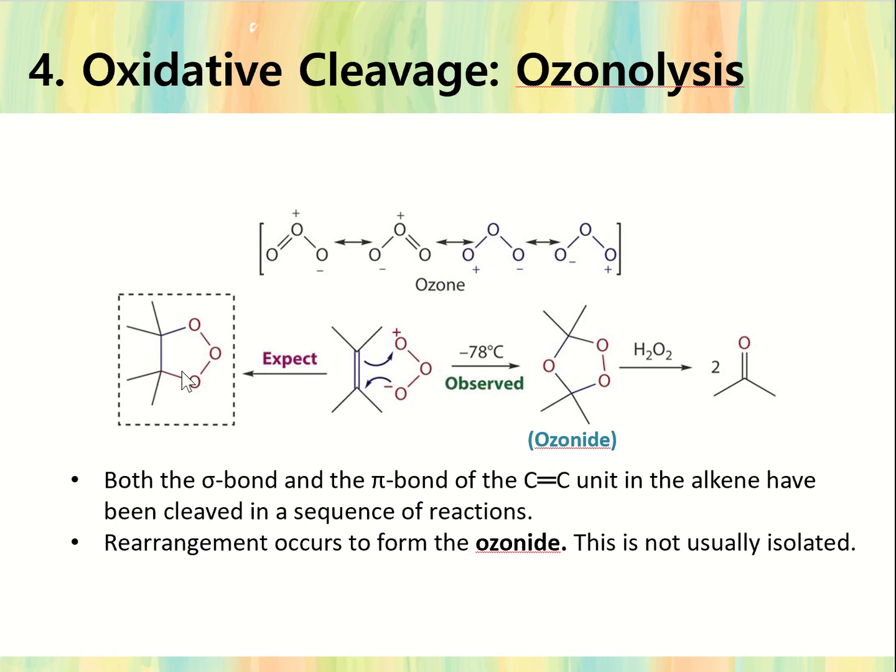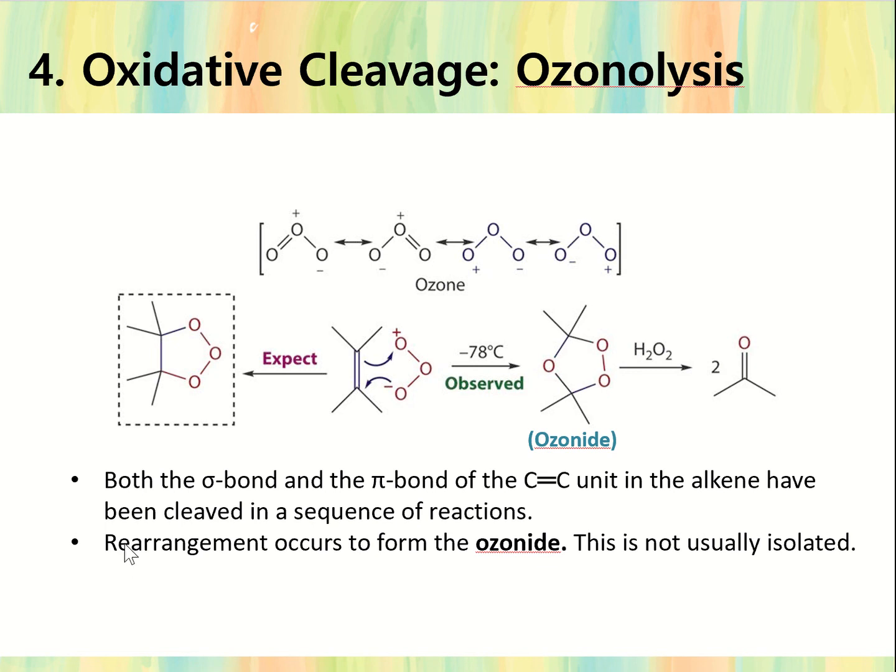So this is what they expected. However, the carbon-carbon bond broke in the process. So both the sigma bond and the pi bond of the carbon-carbon double bond unit in the alkene have been cleaved, as we see here, right? So the carbons are no longer bonded to each other in a sequence of reactions.